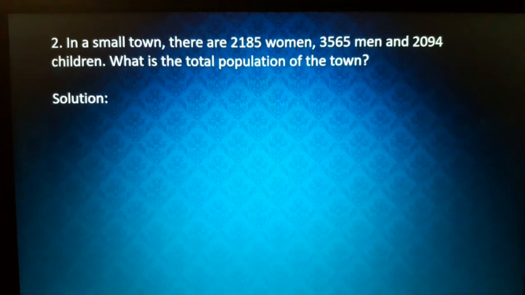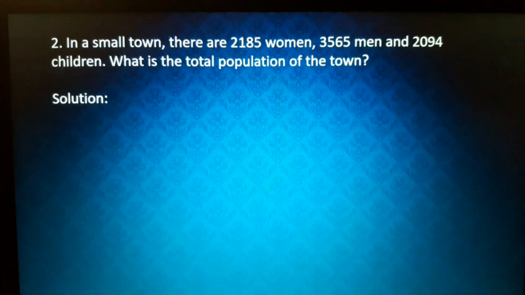Again, the total population means men, women plus children. Total means add. If you add up the number of women, the number of men and the number of children, you will get the total population. So this is what you have to do.